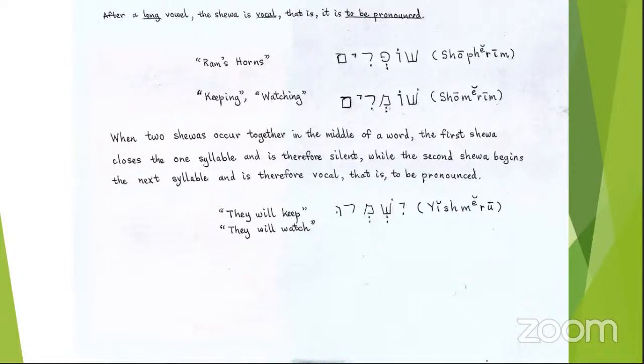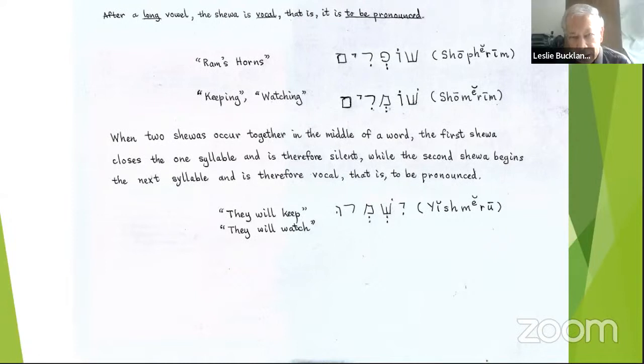If the short vowel is not before it, it is to be pronounced. But if the short vowel is in front of it, it should not be pronounced. And on this page, if it comes right after a long vowel, then it is to be pronounced.